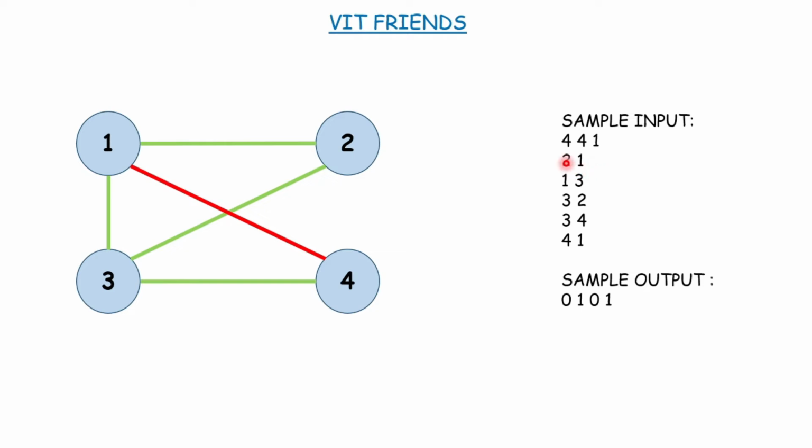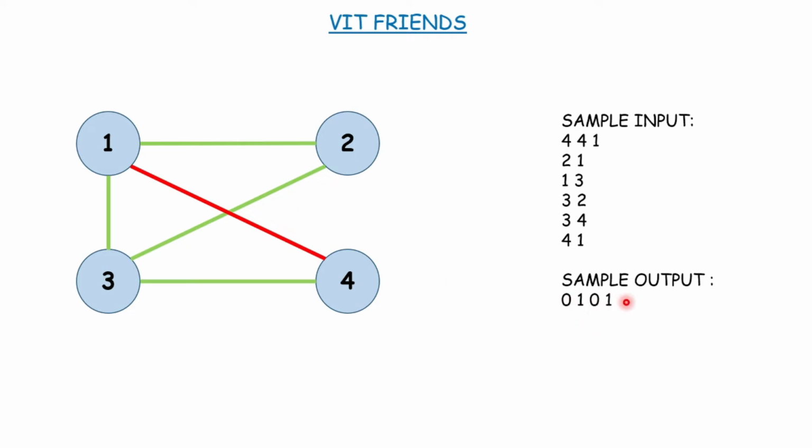Here 2 is friends with 1, 3 is friends with 2, and 3 and 4 are also friends. However, after the four lines, there are a total of t blocked cases, which is only one here. Now 4 is blocked by 1 and 1 is blocked by 4.